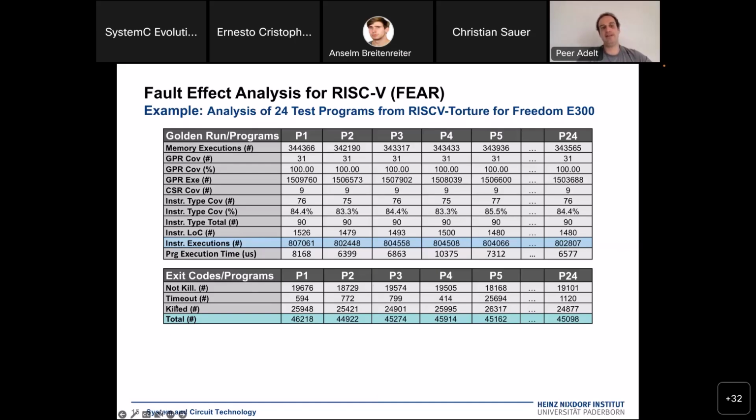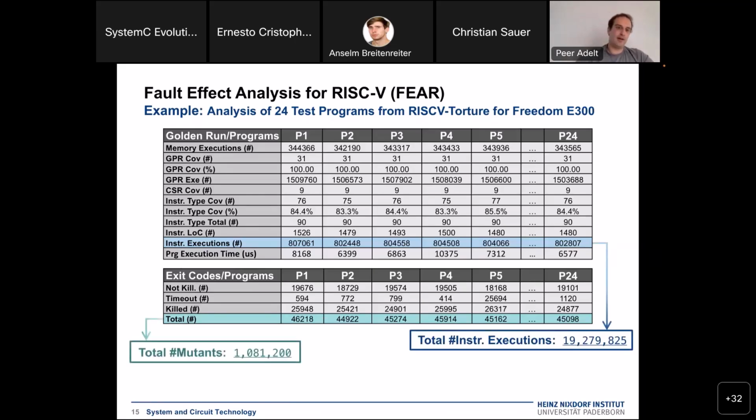So it's here grouped in the killed and not killed bits. But as I already told you, if you are interested, you can expand this table to way more details. The main takeaway I want to show you is that in this example, we already had roughly 20 million instruction executions if we just simulate programs one after another without any fault simulation.